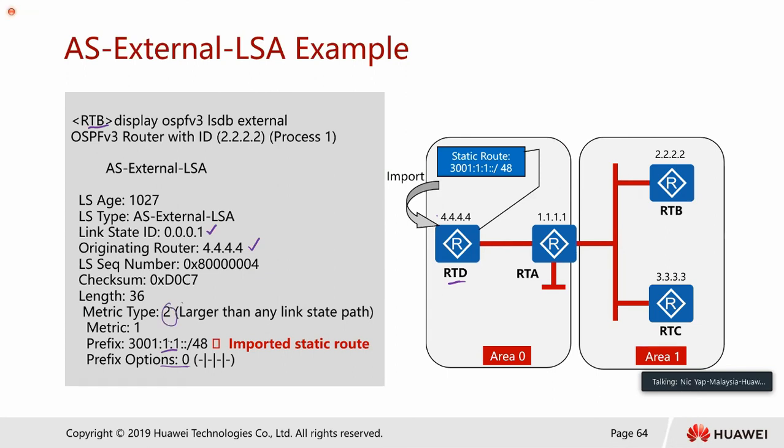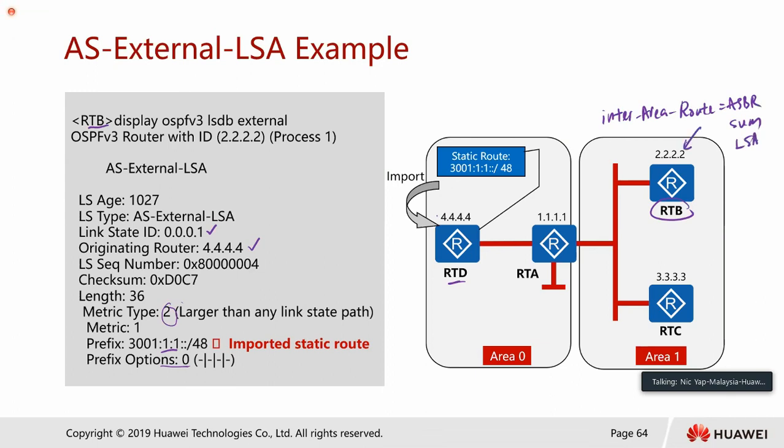So that is pretty straightforward. They will just tell you that this information is advertised directly from the AS external LSA. So by right, when you check on router B, you should receive the inter-area routers LSA, which is equal to the ASBR summary LSA.